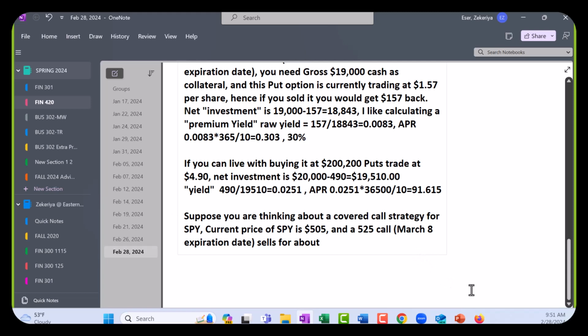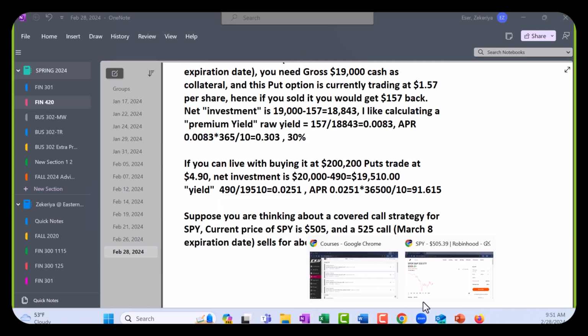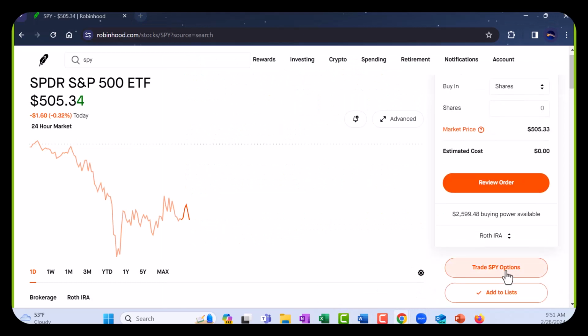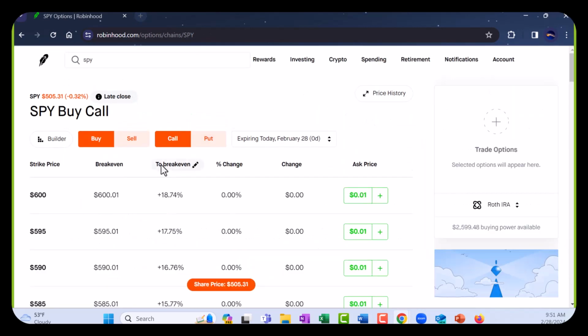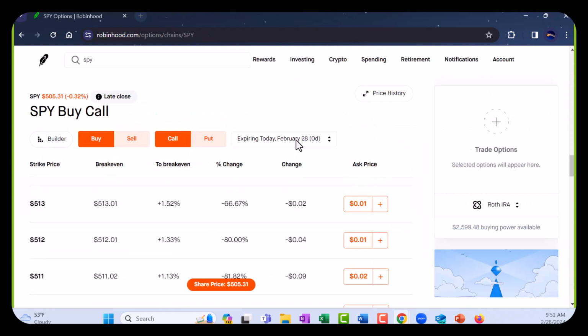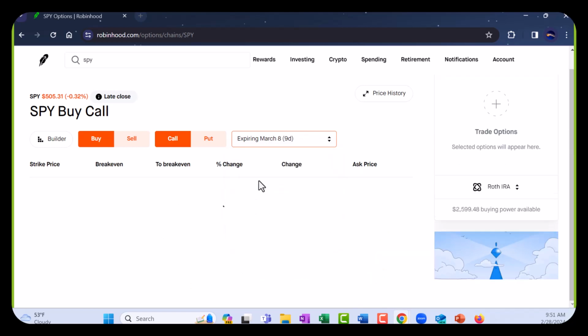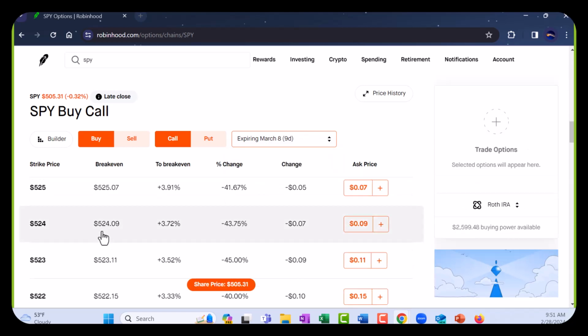Mm, 4 maybe. And they have a lot more dates for SPY strike prices.